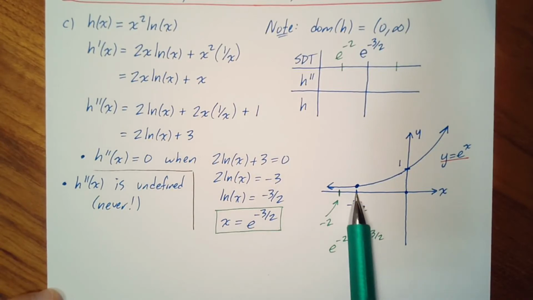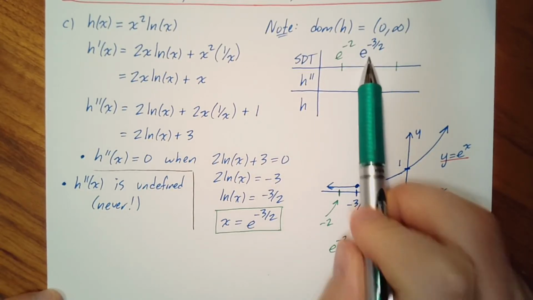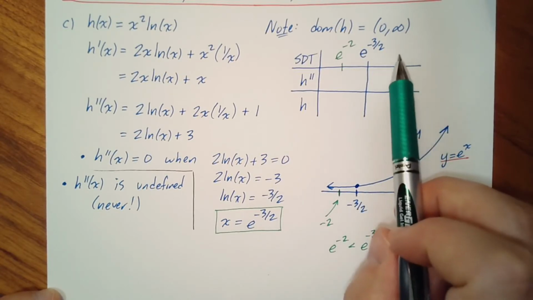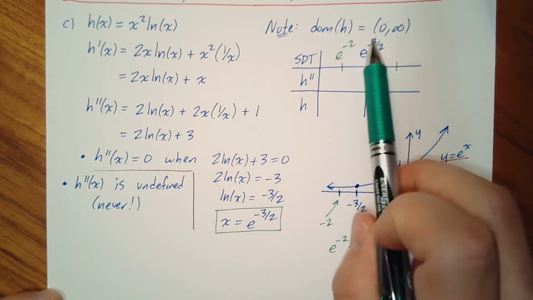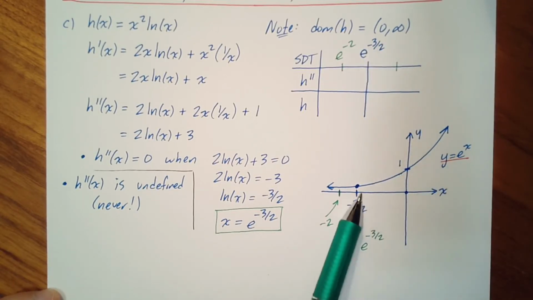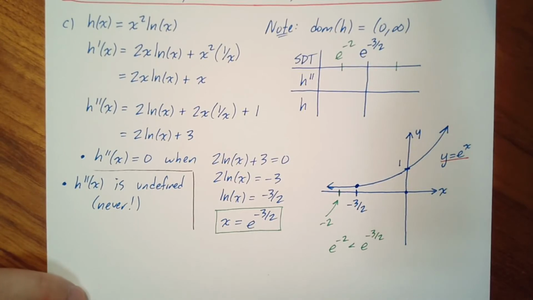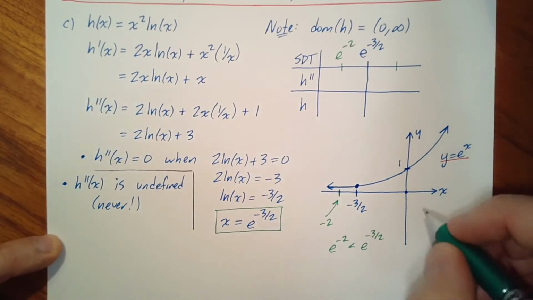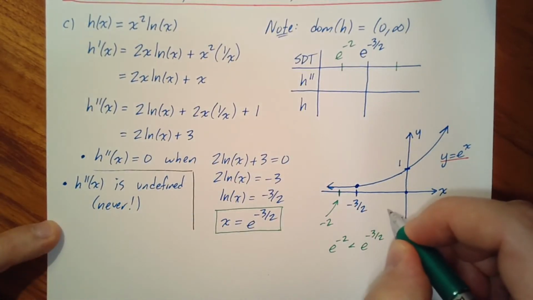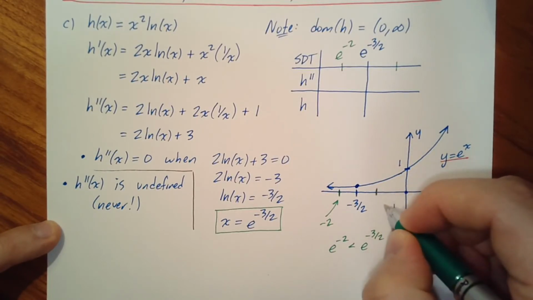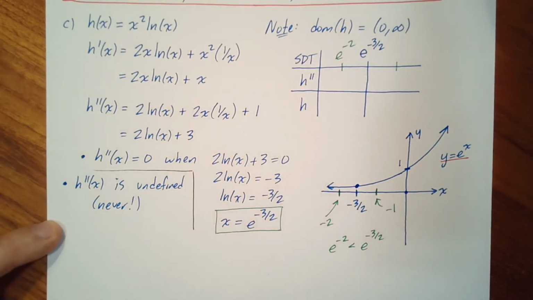Now if I want a value that's larger than e to the negative 3 halves, I can just move a little bit in this direction because then the y values are going to get higher, which means that if I choose an exponent that's a little bit larger than negative 3 halves, and by larger I mean moves in this direction, then e to that exponent will be larger than e to the negative 3 halves. So what I mean by that is let's put negative 1. Let's say that's right here. It's not perfectly to scale, but that's okay.